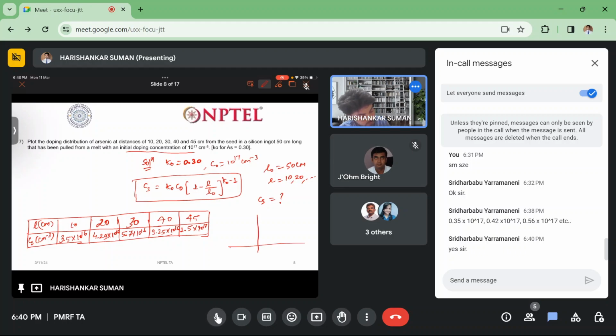So we have to plot Cs and L with length. The doping is increasing like that. So you can plot in a chart.